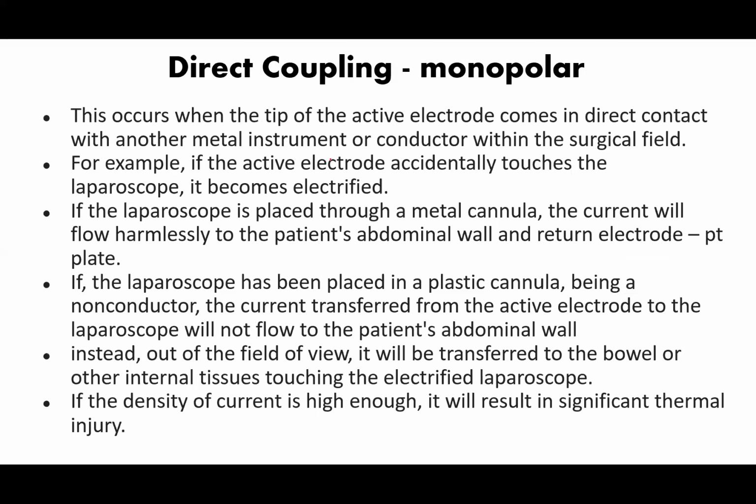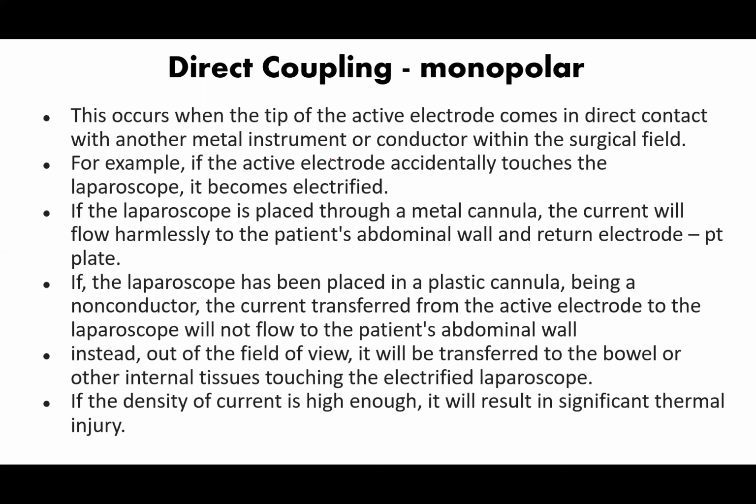Now, direct coupling occurs when the tip of your active electrode is directly touching another metallic instrument. When it touches another metallic instrument, that can cause an unintentional injury to a structure that instrument is lying on.